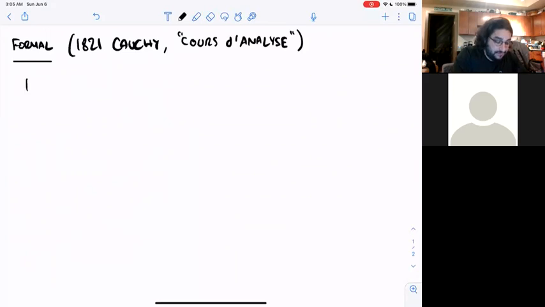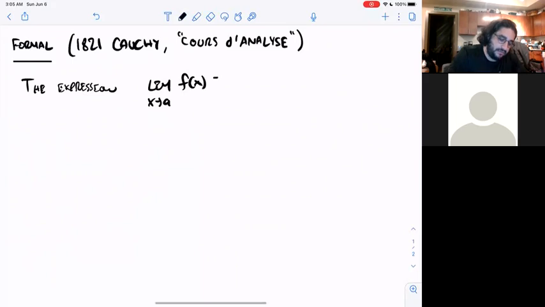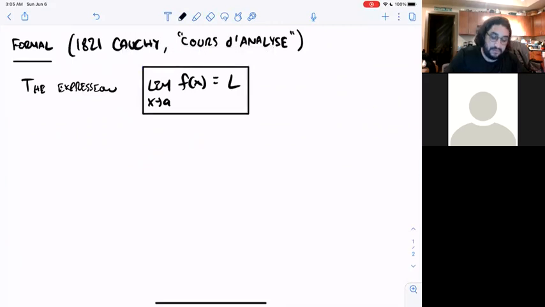So let's again consider the same expression: the limit as x approaches A of f of x equals L. I want to define it in a much more formal way.